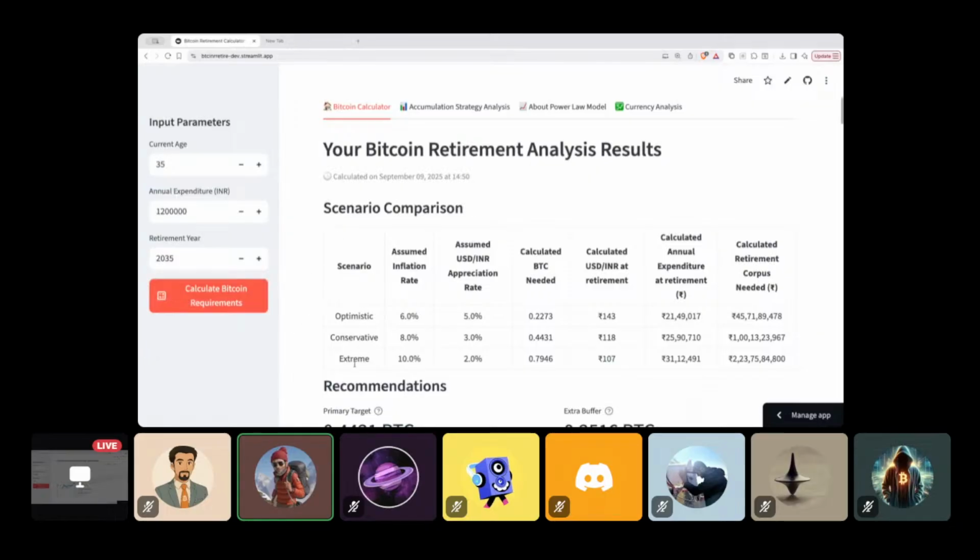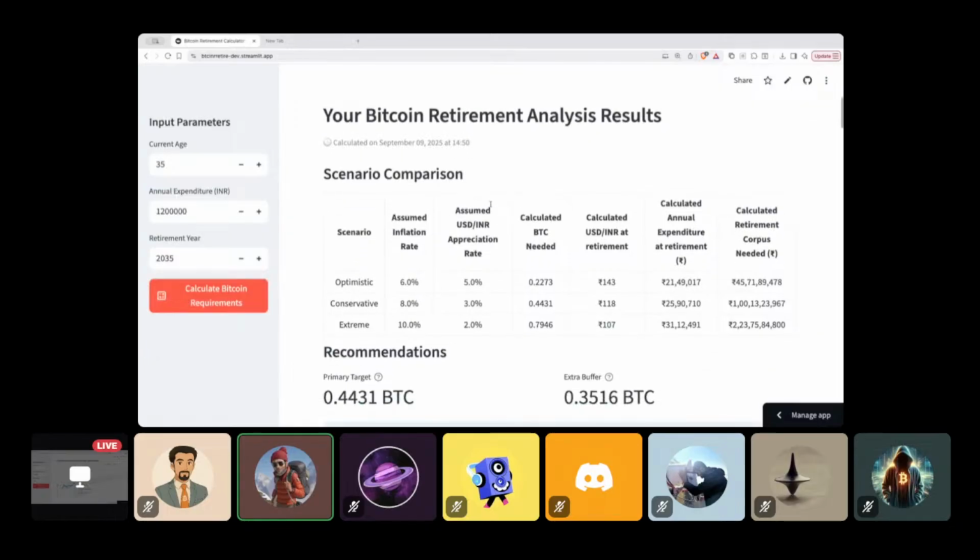give you a scenario based BTC requirement. I have defined three scenarios for your consideration: optimistic, conservative, and extreme, and these are the assumptions that go into these scenarios. In the optimistic case, I assume that the inflation rate from now on will be a constant 6%, till you are 90 years of age. I have also assumed a USD INR depreciation rate of 5% for the optimistic scenario.